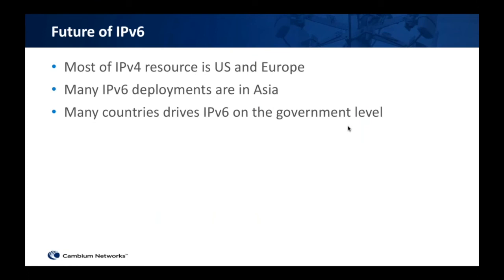So what is the future of IPv6? Most of the IPv4 resources are allocated for United States companies and for companies based in Europe. So if you're unlucky enough to have your company somewhere in other parts of the world, it's really hard to get an IPv4 allocation for you, even if you're an operator.